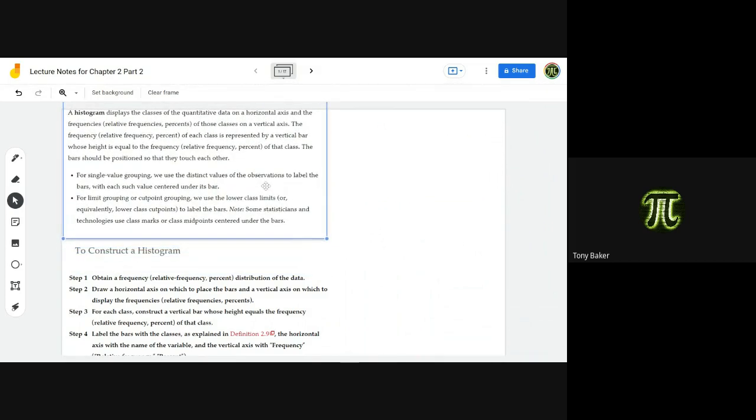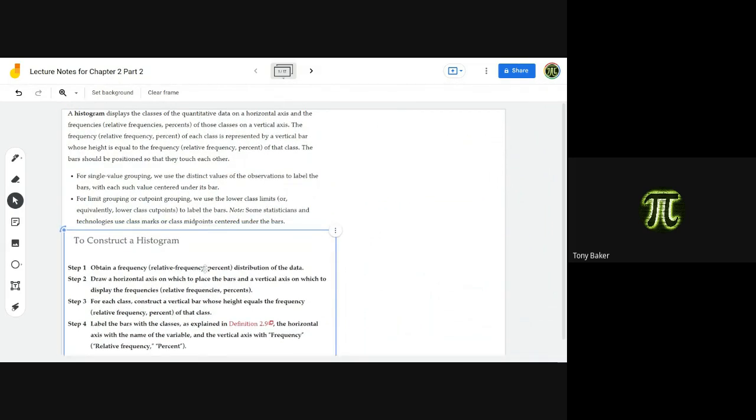So a histogram works really well for single value grouping and limit and cut point grouping. We're now looking at quantitative and not qualitative data, so these have to be numerical in value. For single value groupings, you're going to use the distinct values to label each bar.